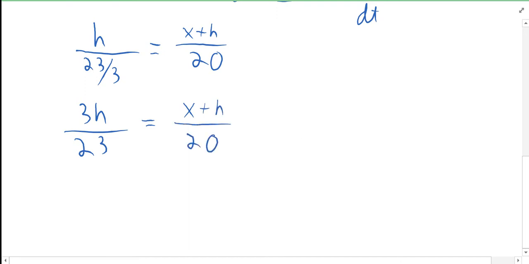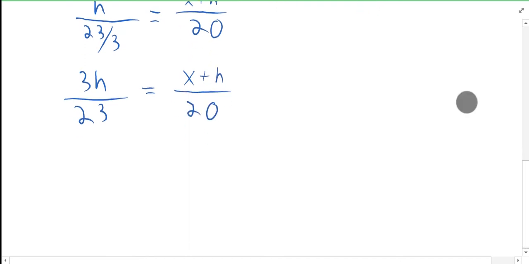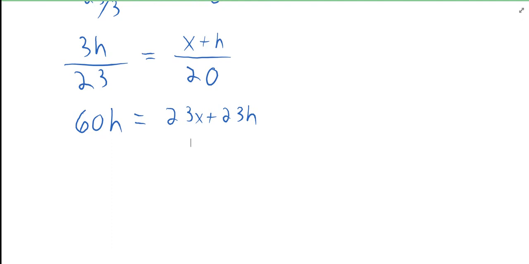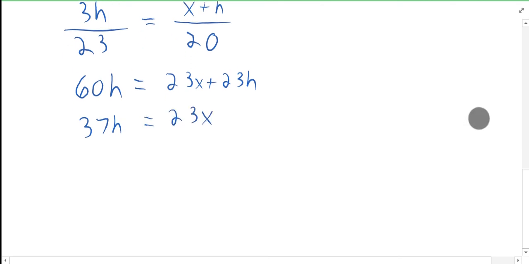Before we derive it, I'm going to get rid of all the fractions by cross multiplying. When you do that, you get 60h equals 23x plus 23h. I'm just going to get all my h's together, so that is 37h must equal 23x. And look how easy that is to derive.